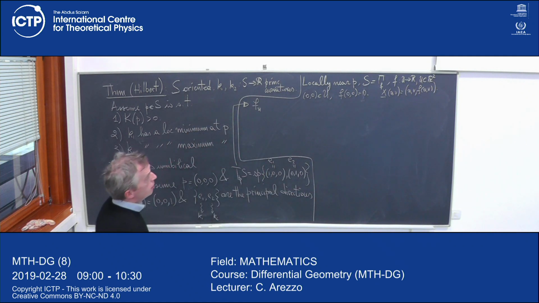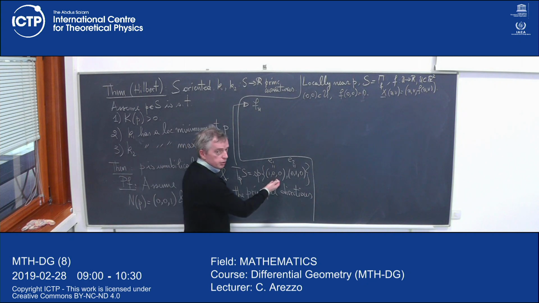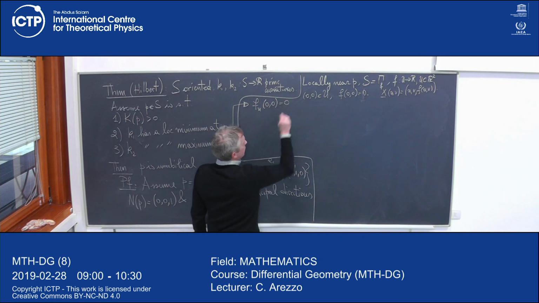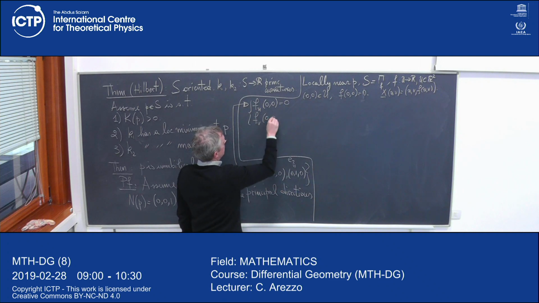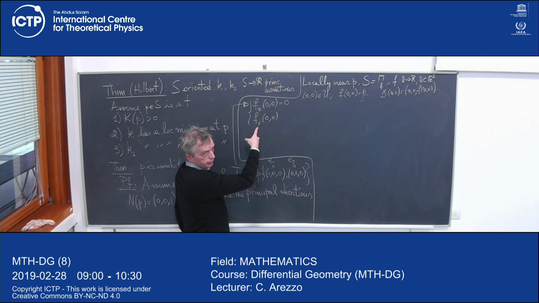So xu is (1, 0, fu). So what does it mean? That it's (1, 0, 0), that the partial derivative at this point, only at this point, is equal to 0. And the same for fv. By this symbol I mean the partial derivative, of course.